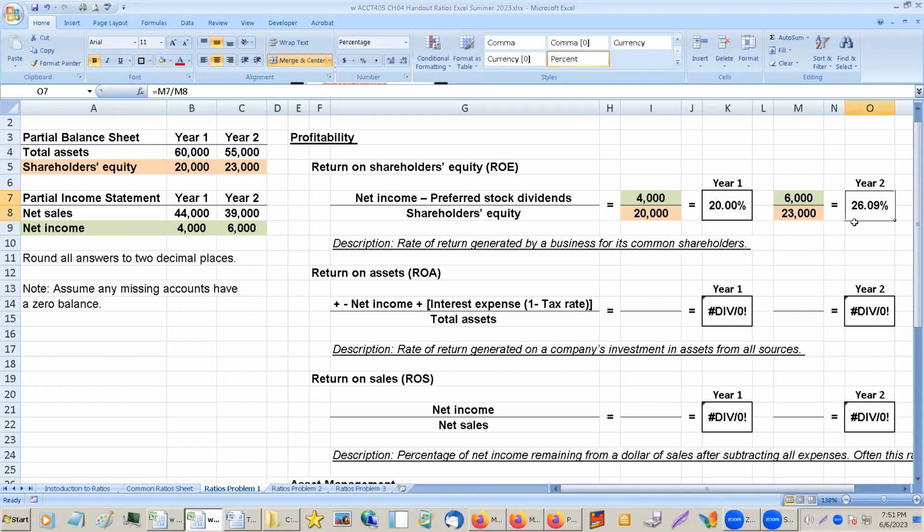And this one went up by 6%. Another thing about ratios is it's often helpful to have more than 1 year to compare. So for instance, if you just had year 2, 26%, it might not be obvious if that's good or bad. But if you can say, okay, it went from 20% last year to 26% this year, it's an improvement. So a lot of times if you have more than 1 year, it helps.